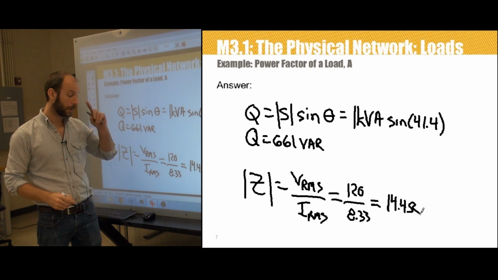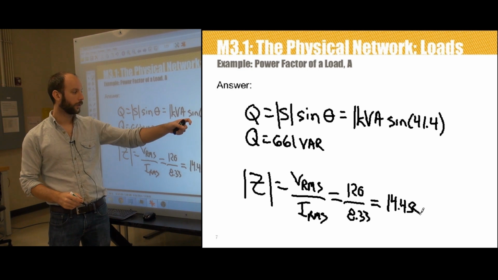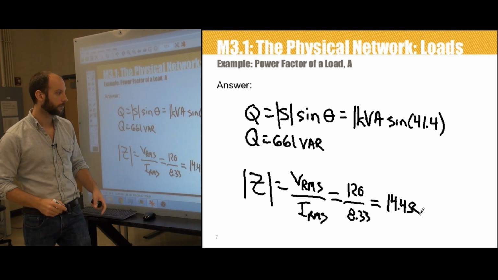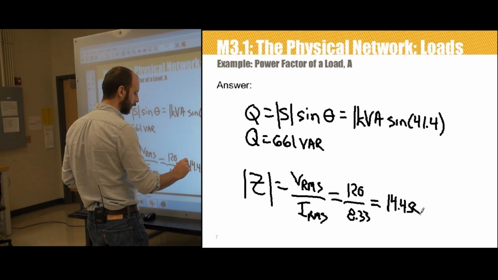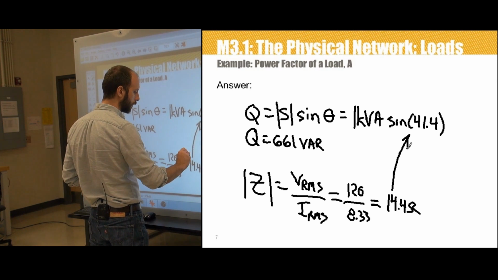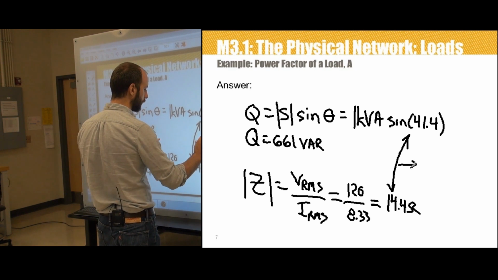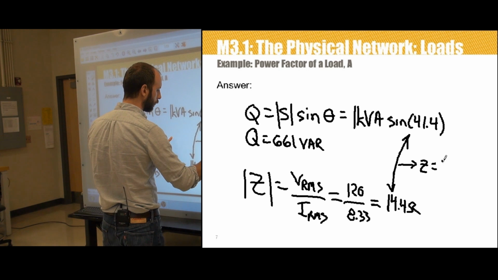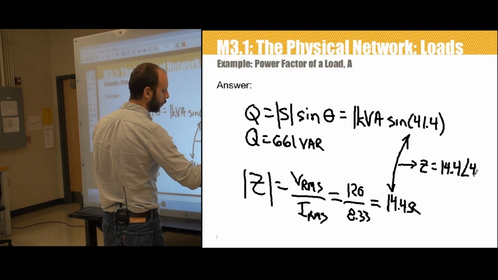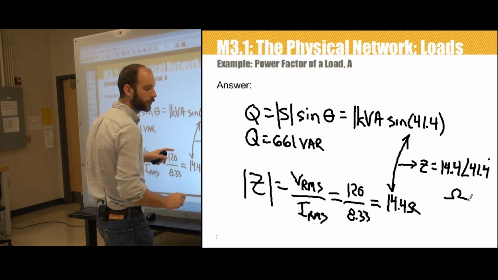Remember that the impedance triangle and the power triangle have to have the same angle. So if I combine those two together, that's going to result in Z equal to 14.4 at an angle of 41.4 degrees ohms.